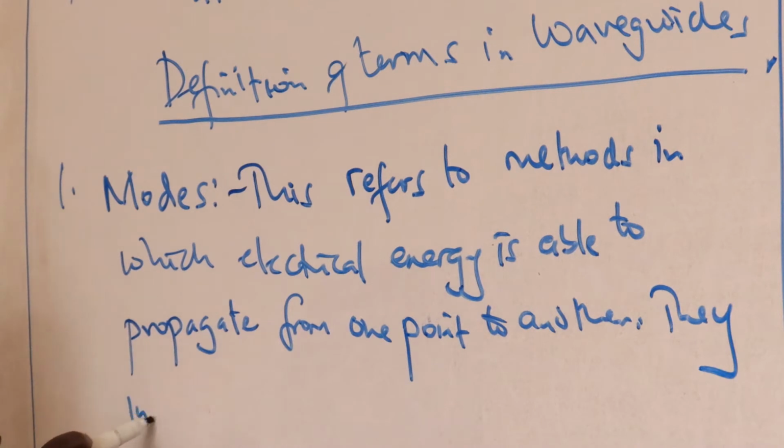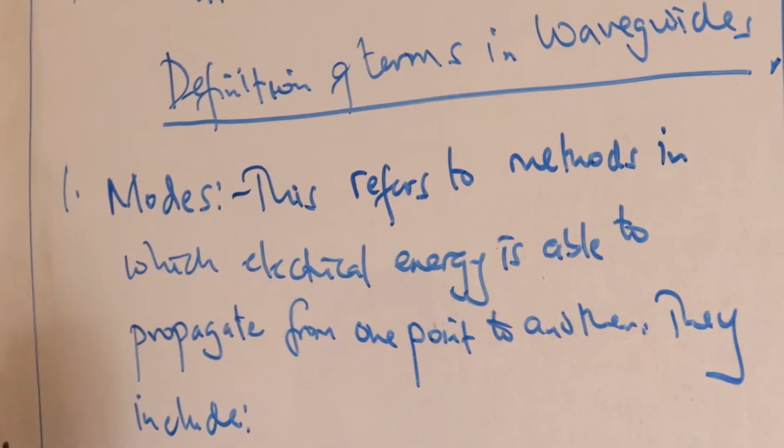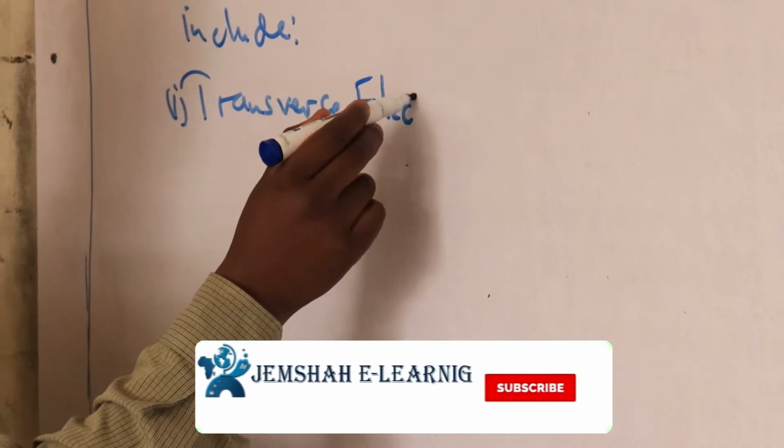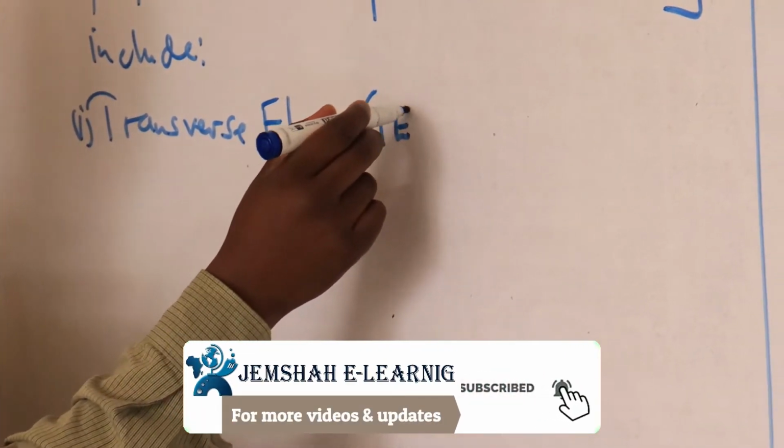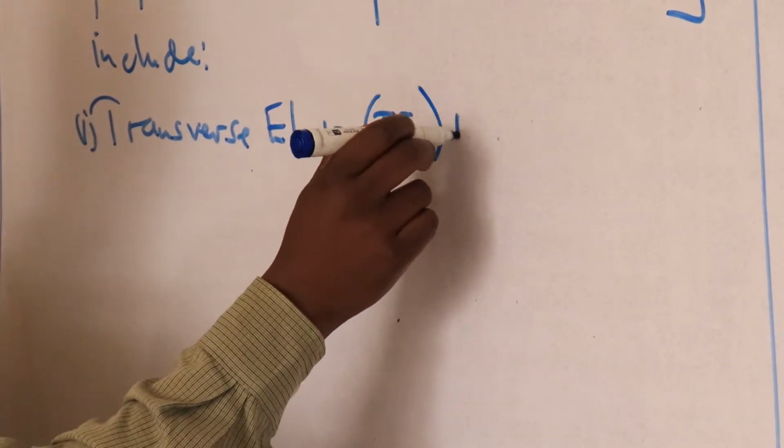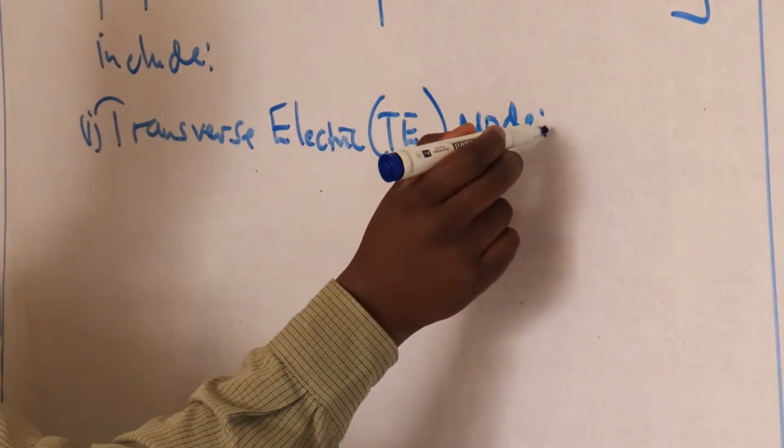They include, Roman 1, the transverse electric, what I refer to as TE mode.